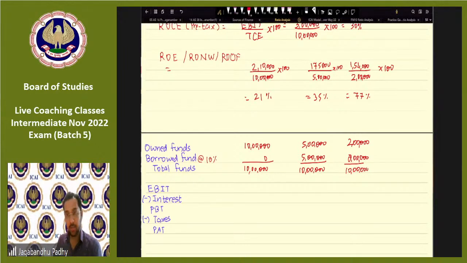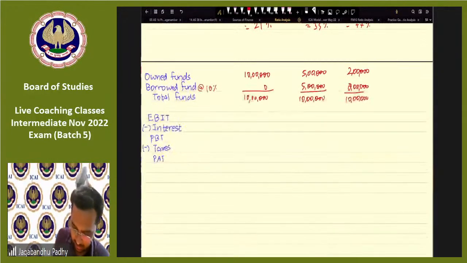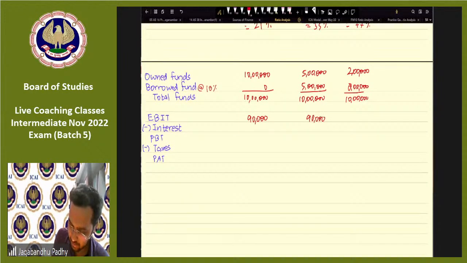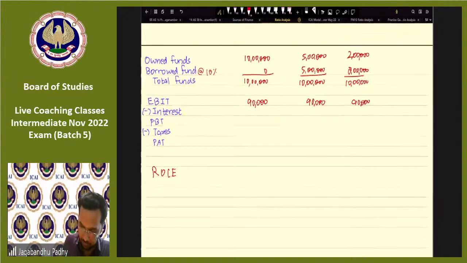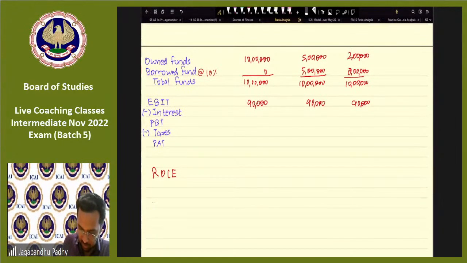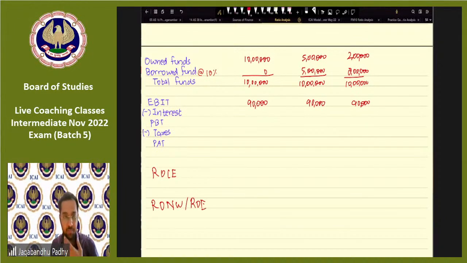Now, if I tell you that EBIT in each of these three companies is 90,000, can you tell me how much is the return on capital employed, and how much is the return on net worth, or return on equity, in each of these three companies? Come on, give me the numbers, guys.